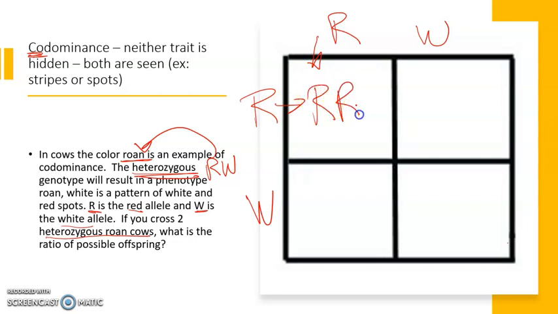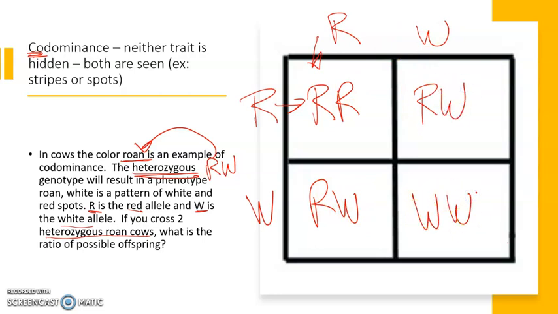So R, R. Down here we have R, W. Over here we have R, W. And down here we have W, W. So if we read our information here, RR, this would be a red cow. RW would be a roan cow. Down here, this WW would be white. And over here, we'd have another roan.